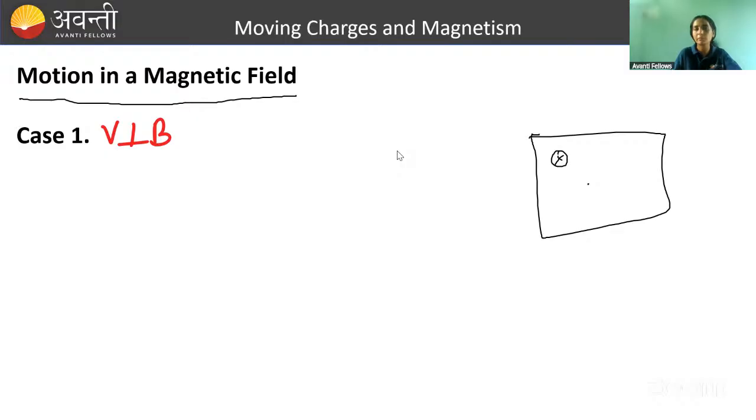So this is the concept of into the plane and out of the plane. Let's say here the charge is moving in this direction.